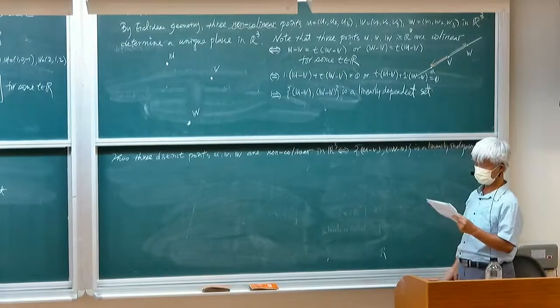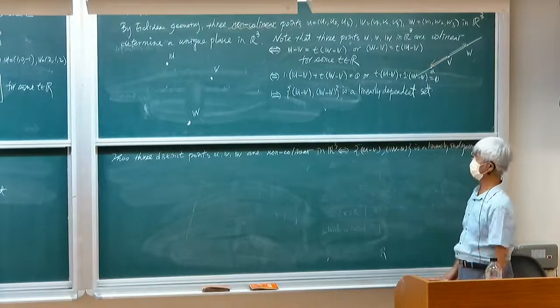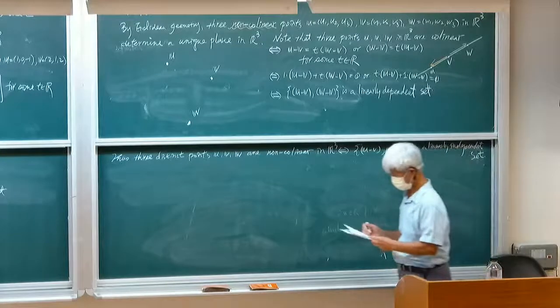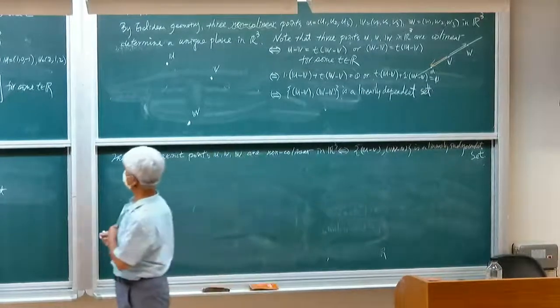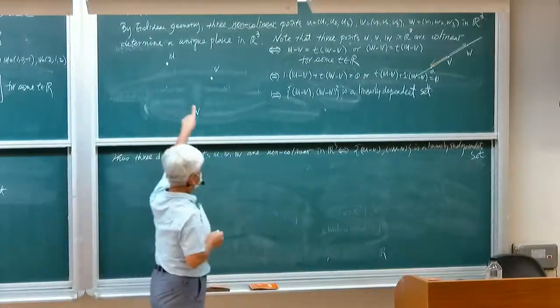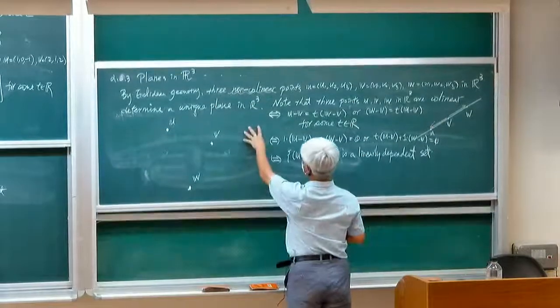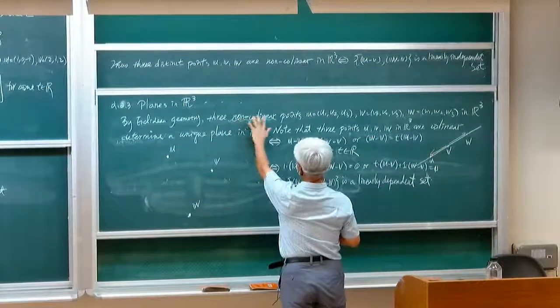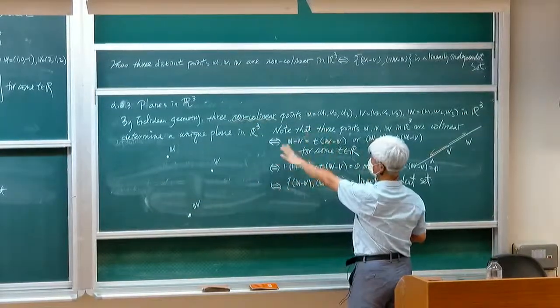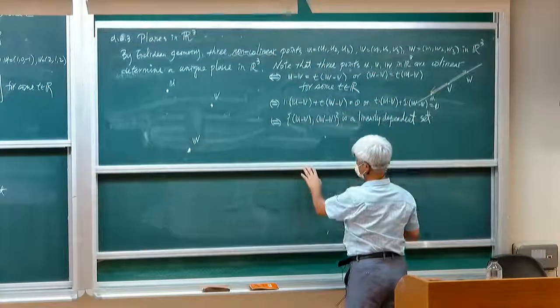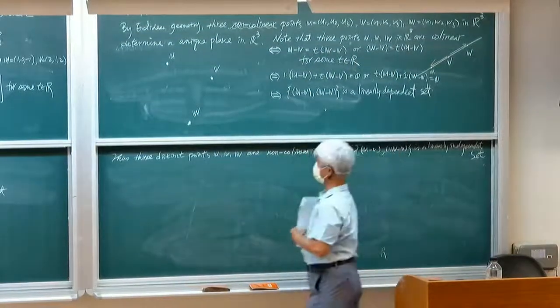Okay, a linearly independent set. So the Euclidean geometry here tells us that three non-collinear points determine a unique plane, right? So we have to describe it.